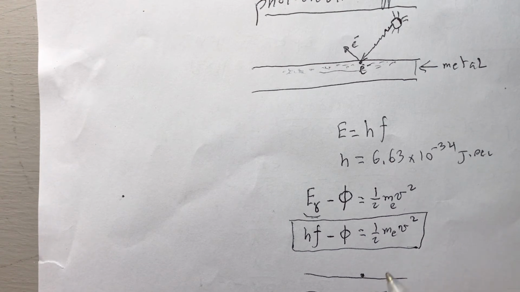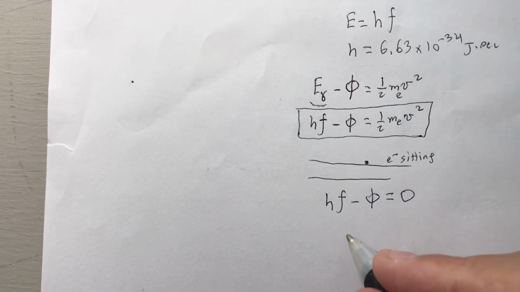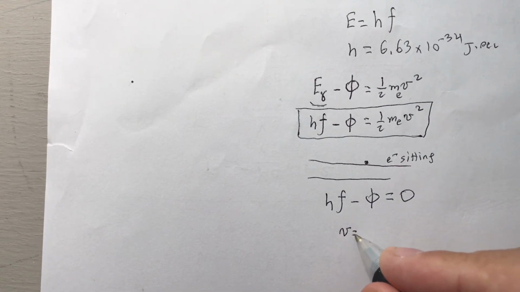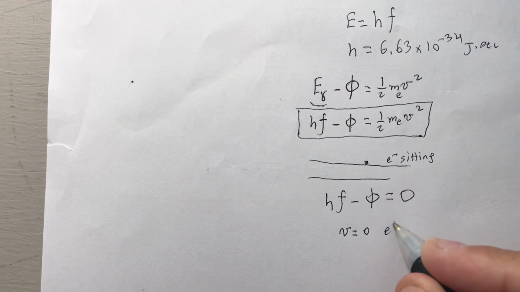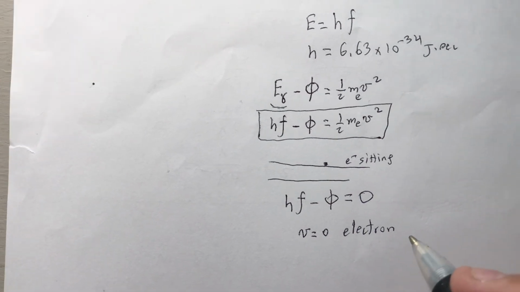Since the electron doesn't have velocity, the equation changes: h times the frequency minus phi is equal to 0, because the velocity is 0 and the electron is not moving.